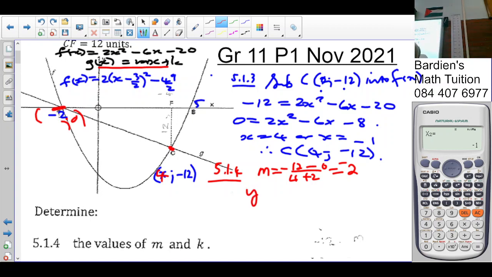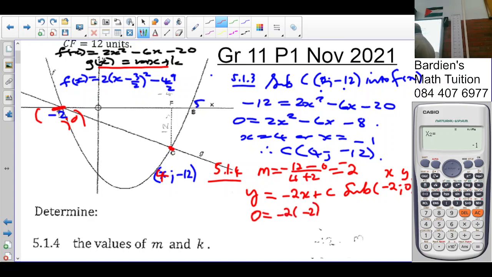So you got y is equal to negative 2x plus c. To calculate c, I must substitute the point that's lying on this graph, which is negative 2 and 0. Again, that's an x and a y. So 0 is equal to negative 2 times negative 2 plus c. That's positive 4. You take it over, it becomes negative 4. So y is equal to negative 2x minus 4.